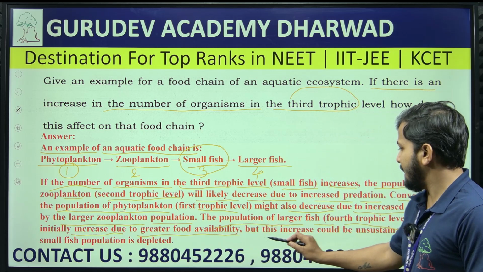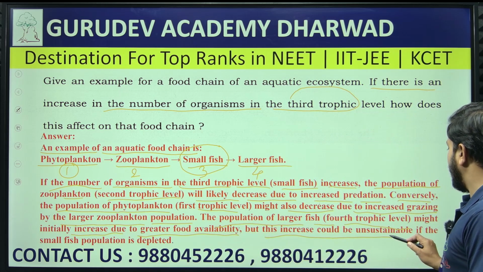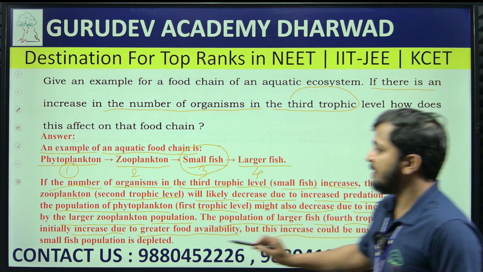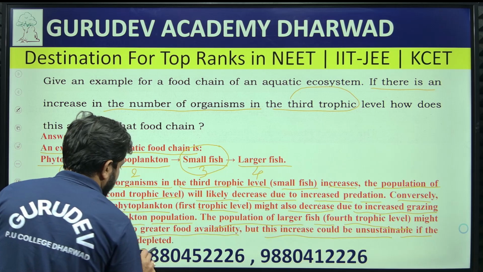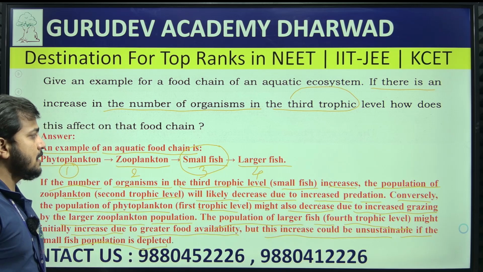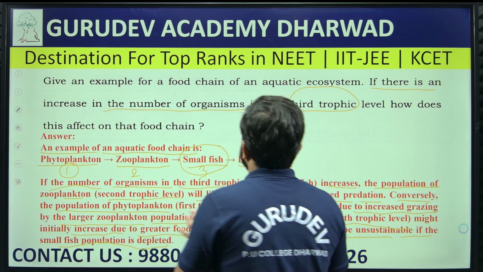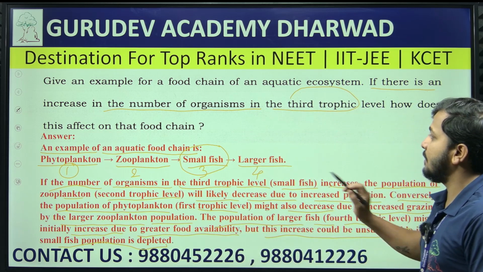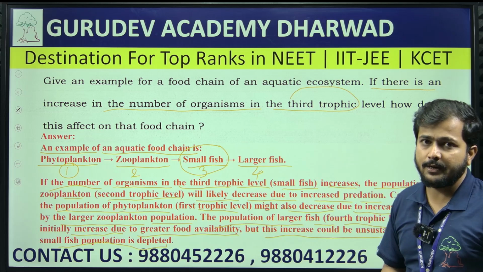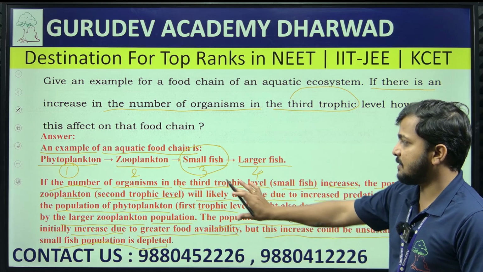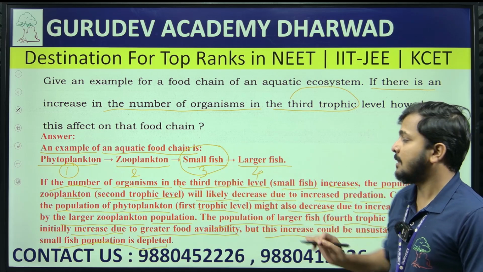But this increase could be unsustainable if the small fish population is depleted. So overall, this is the reason the third trophic level is going to get affected, right? So you should concentrate on these points.